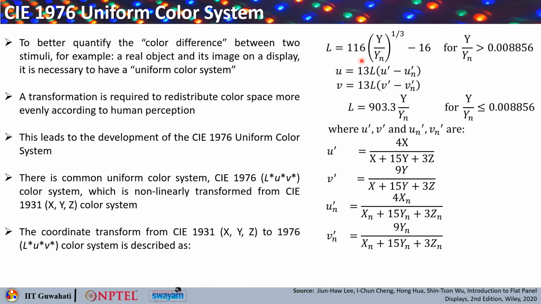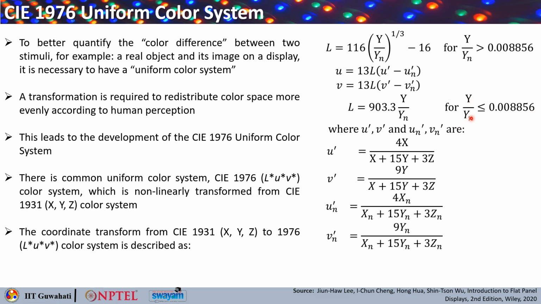L is defined as 116 times (Y over Yn) to the power 1/3, minus 16. This is applicable when the ratio is greater than 0.008856, and in this case u star and v star will be 13 L times (u prime minus un prime), and v star will be 13 L times (v prime minus vn prime).